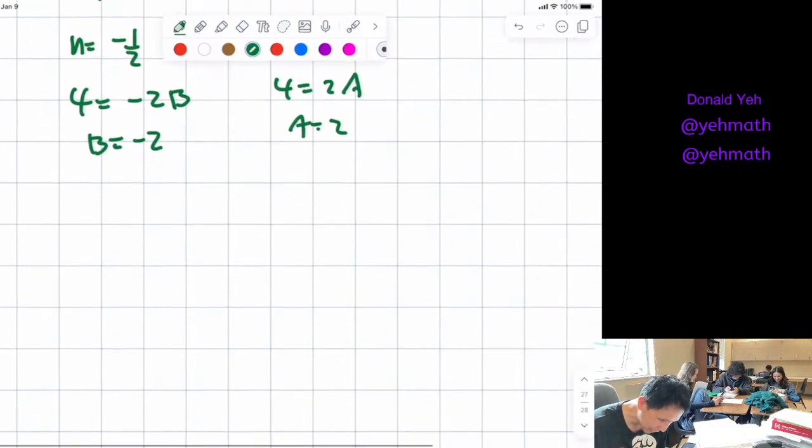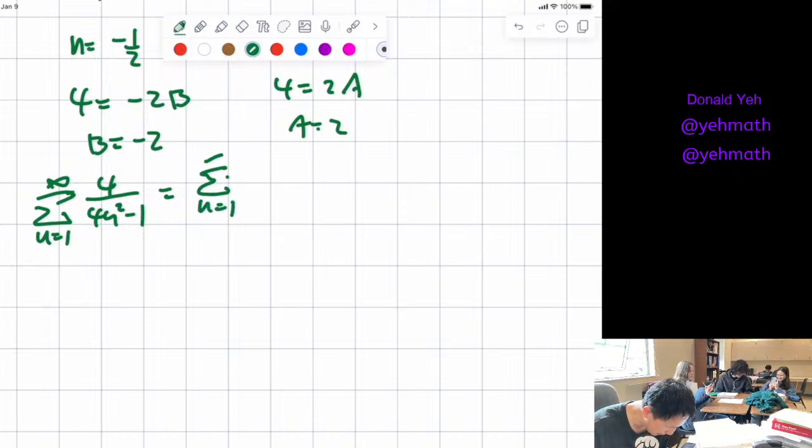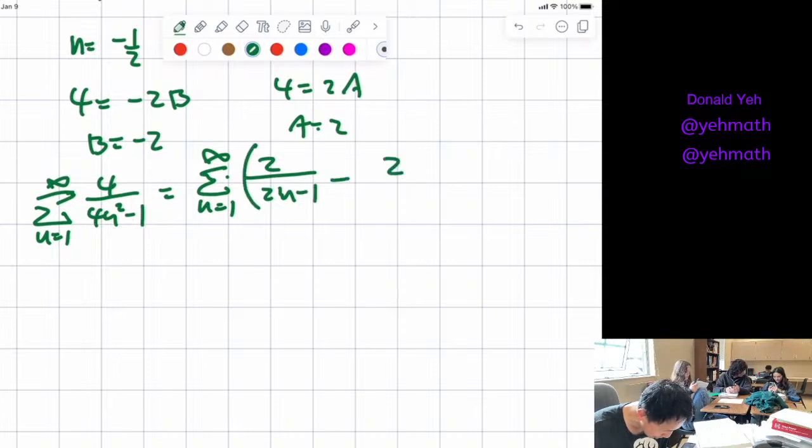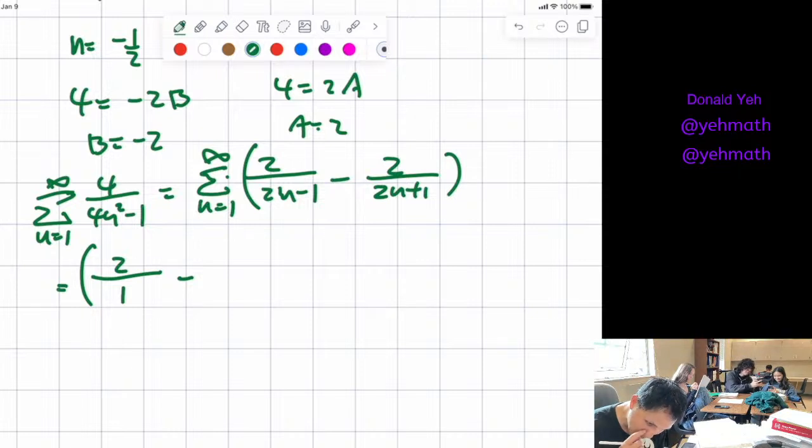Okay, so now instead of that, we can write down summation n equal to 1 to infinity of 4 over 4n squared minus 1. That's equal to summation of n equal to 1 to infinity of 2 over 2n minus 1 minus 2 over 2n plus 1. If you write out the first few terms, you're going to see it. So what's the first term? 2 over 1, right? Minus, what's the second part? 2 over 3.